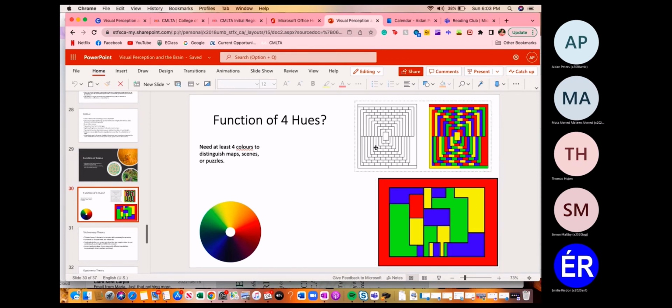This refers to the four-color map problem, where you need at least four different colors to make sure that no two tiles of the same color touch one another. So you need four different colors so that you can, for example, not have a yellow touching a yellow or a blue touching a blue.